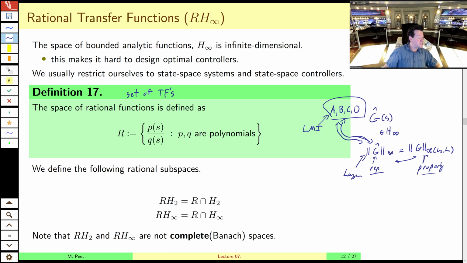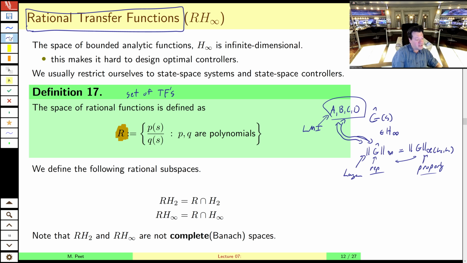Right? And specifically, we consider the class of rational transfer functions. So this should be familiar to you if you've taken undergraduate controls, because you've probably very rarely seen any transfer function which is not rational. And by rational, we mean, we define it using this letter R here.